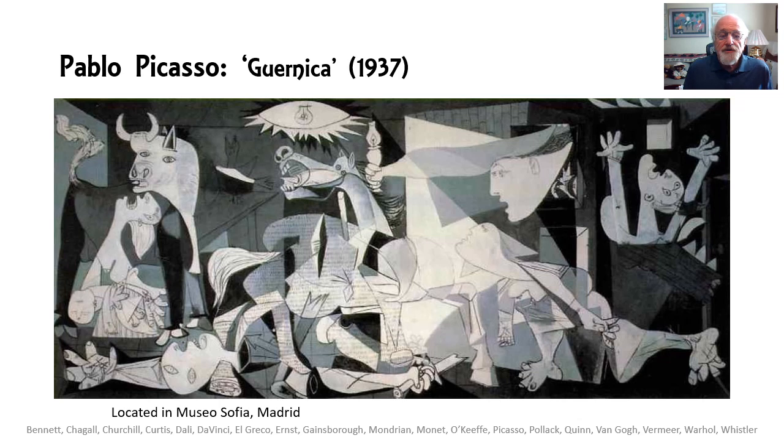And here, of course, we have what is possibly Picasso's most famous work, the Guernica. It's certainly his most powerful political statement. It was painted as an immediate reaction to the Nazis' devastating bombing of the Basque town of Guernica during the Spanish Civil War.